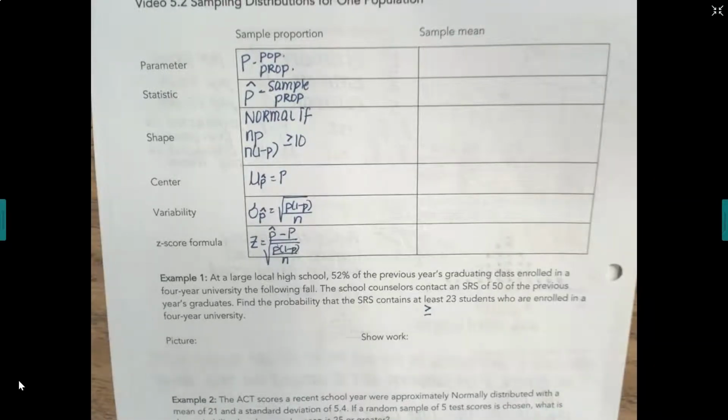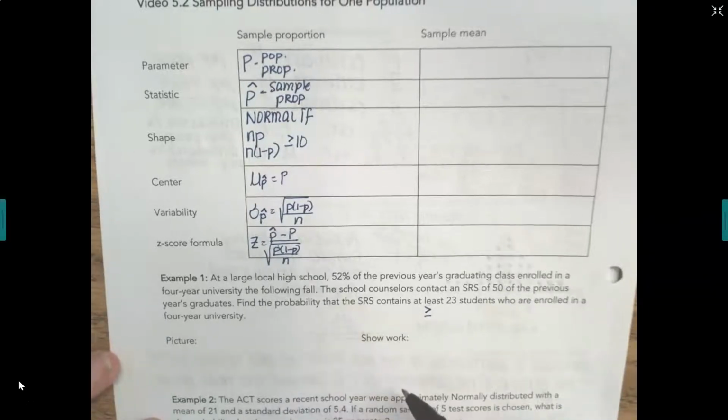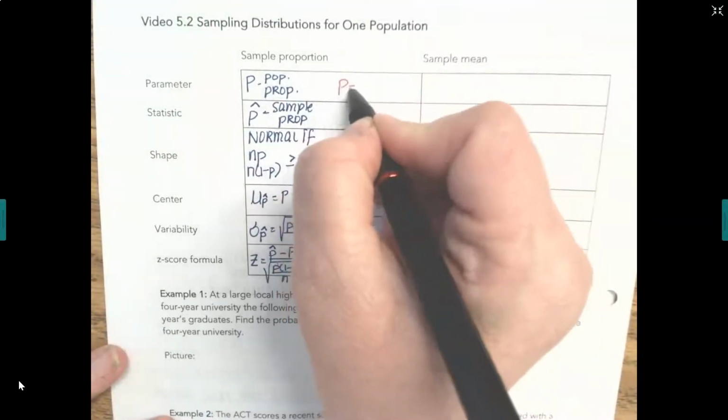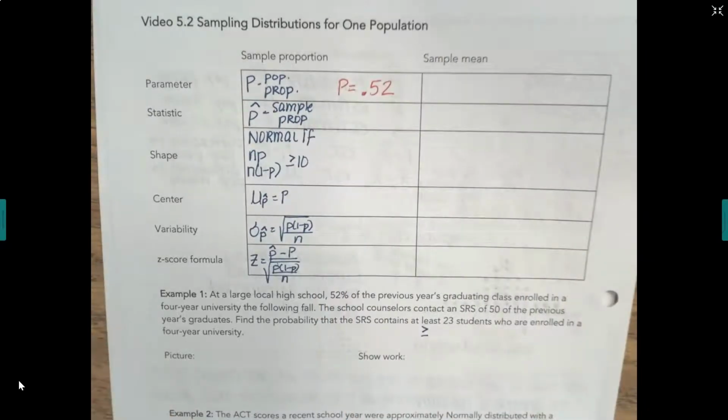So what information are we starting with here? All of last year's graduating class, 52% were going to a four-year university. That's our parameter, so our P equals 0.52. That's what it was at the end of last year, for all of them.